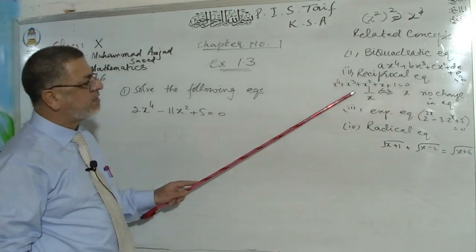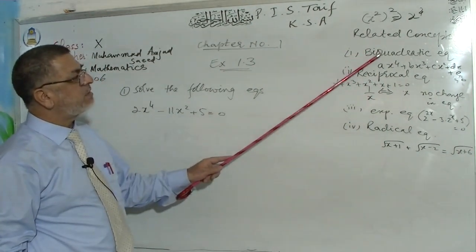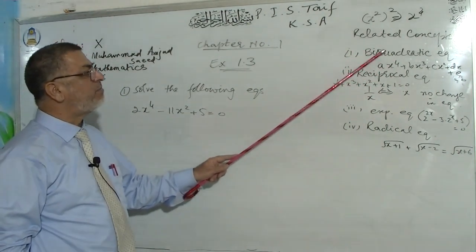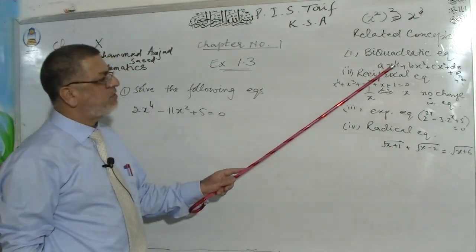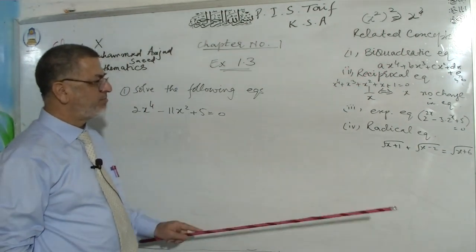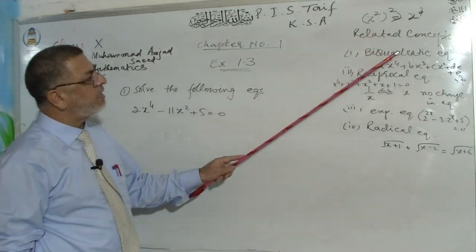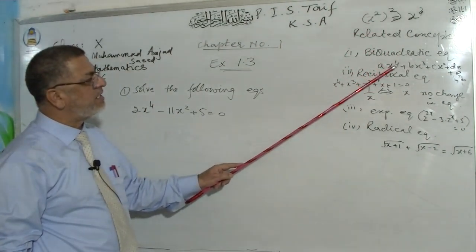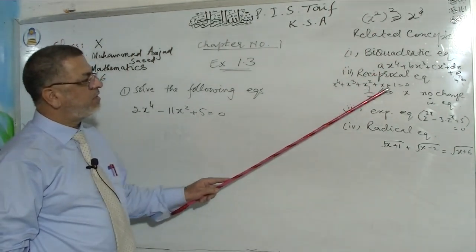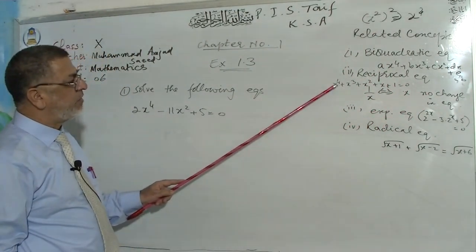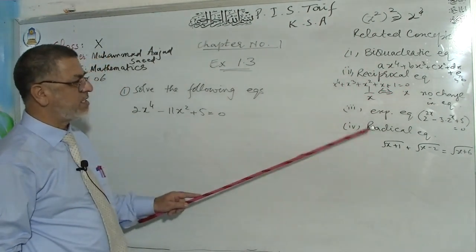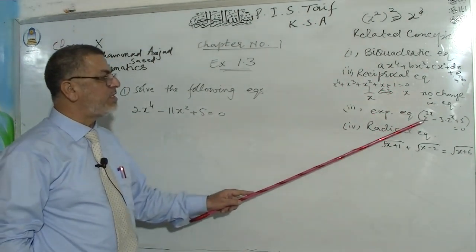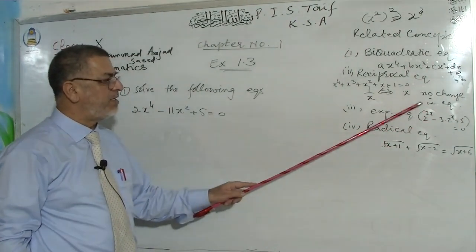This is biquadratic equation in which the maximum power of the variable, maybe y or x or z, will be 4. You will recognize this biquadratic equation by this power, and you will recognize the reciprocal equation by these descending order equations. An exponential equation you will check from the powers, variable in power.